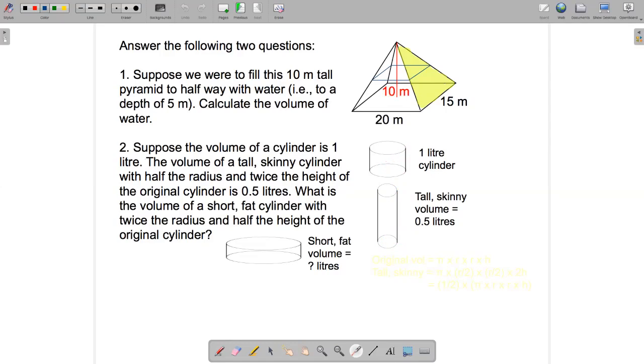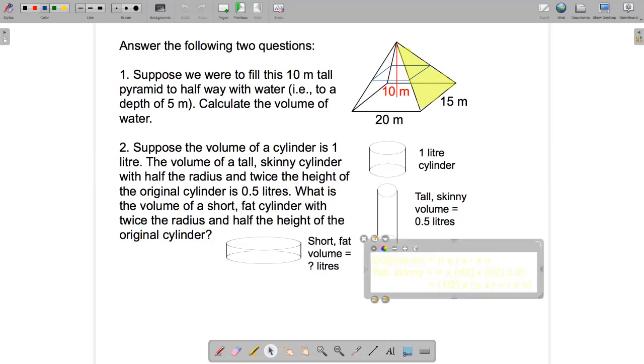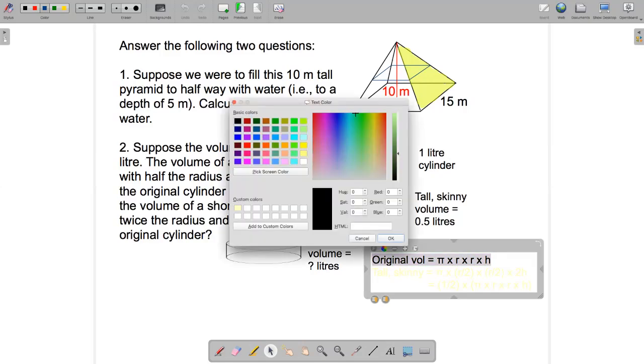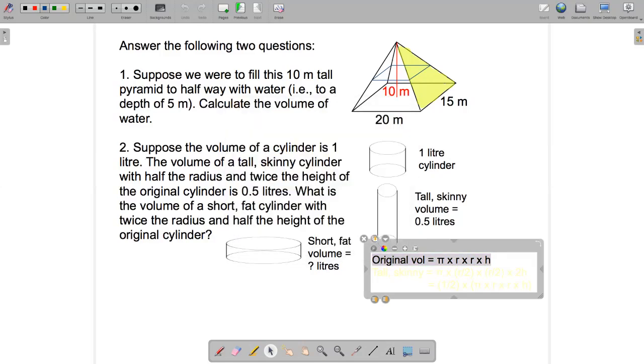It turns out that we can calculate the volume of this tall, skinny cylinder, even though I haven't told you what the radius and the height is. How do we do that, you might say? This is how. Here's the formula for the volume of the original cylinder. It's pi times r squared times h.